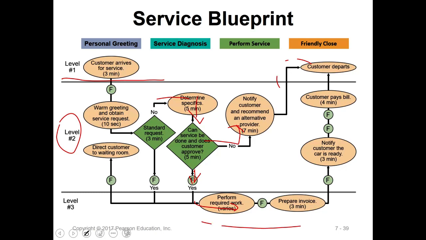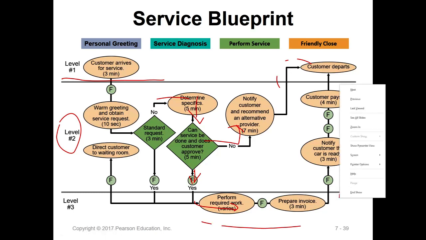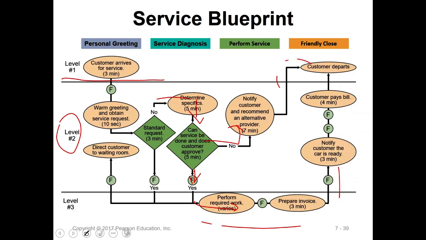After finishing the service, they will tell the customer, oh, it is ready, and pretty much you just pay, and then you finish all the service and depart from this shop. So this service blueprint gave you 3 levels, and in the very first level, education to the customer.